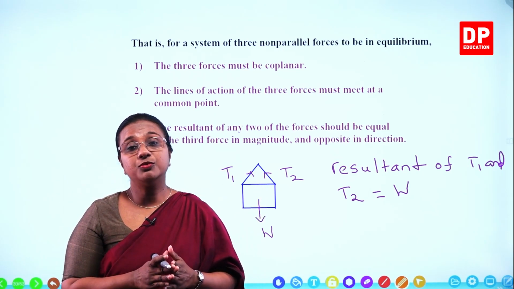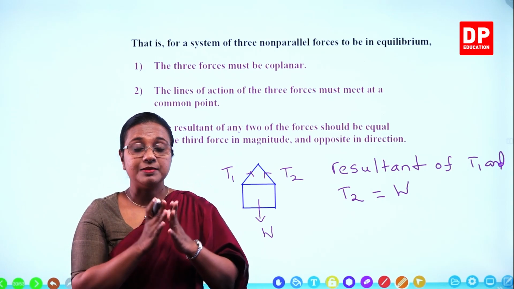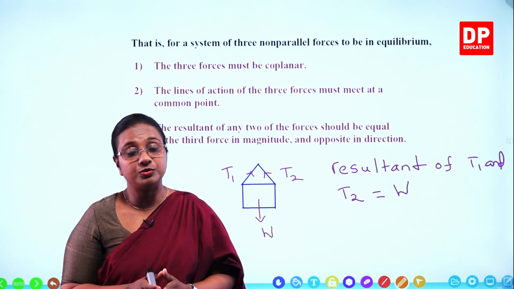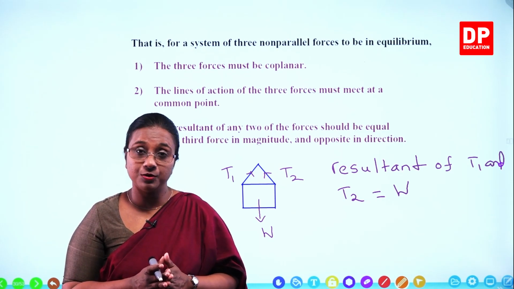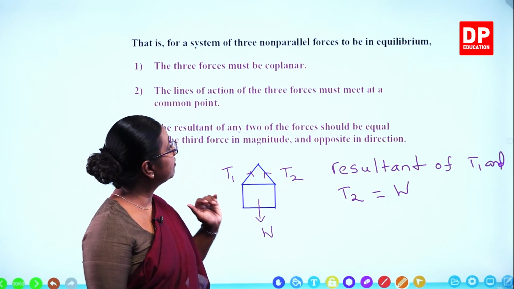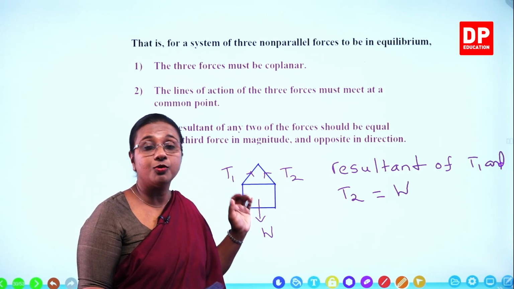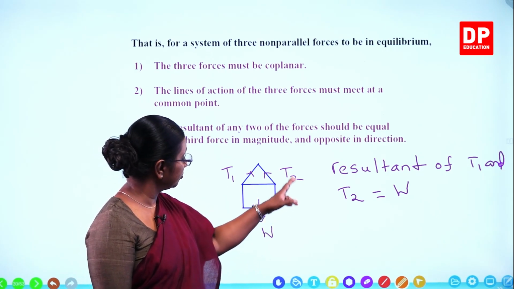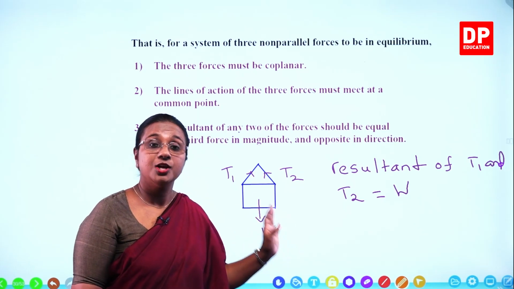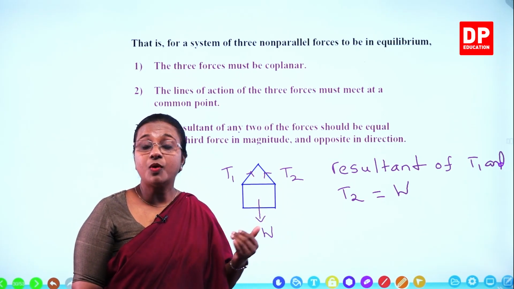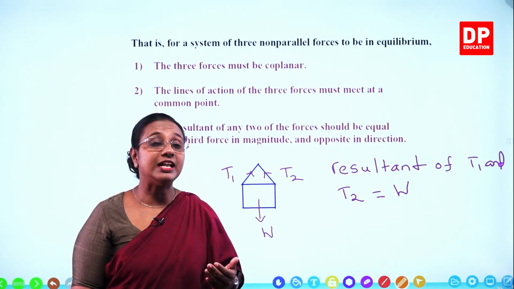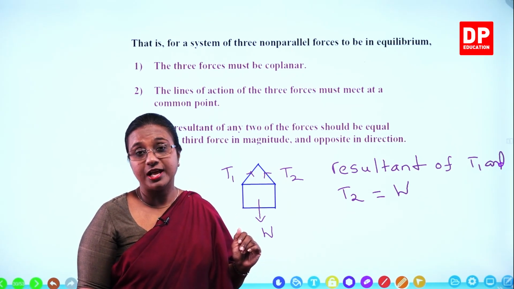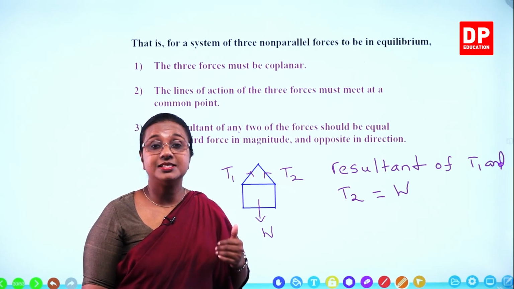The sum of the two forces acting upwards will be equal and opposite to the force that is acting downwards. So here we have the instance where we have three coplanar forces but non-parallel. They are not parallel. So this is how that happens. So with that, students, I will move on to the next topic where we look at an instance where there are many forces acting on an object or in a system.